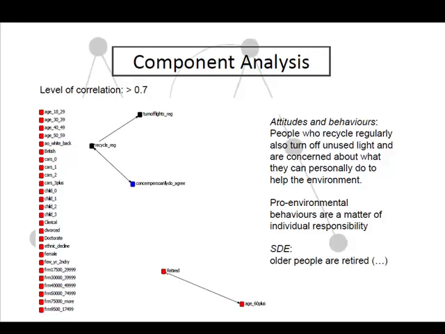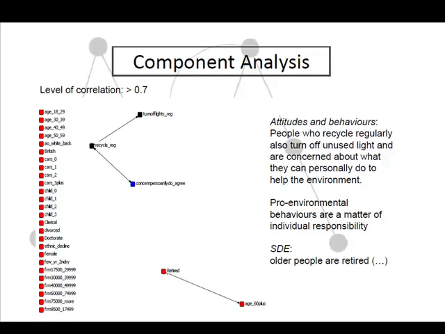So, starting with a component analysis, this is the level of very high correlation, which is higher than 0.7. And what we can see here is that we have two behaviors. People who say that they regularly recycle, which is linked to people who say they turn off lights regularly. But then we have an attitude coming in, linked to recycling, which is people saying that they are concerned about what they can personally do for the environment.